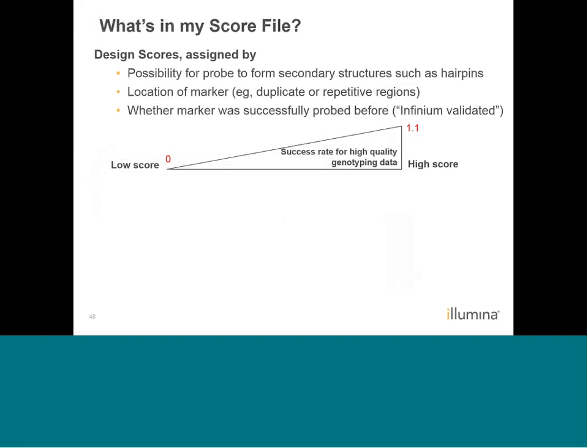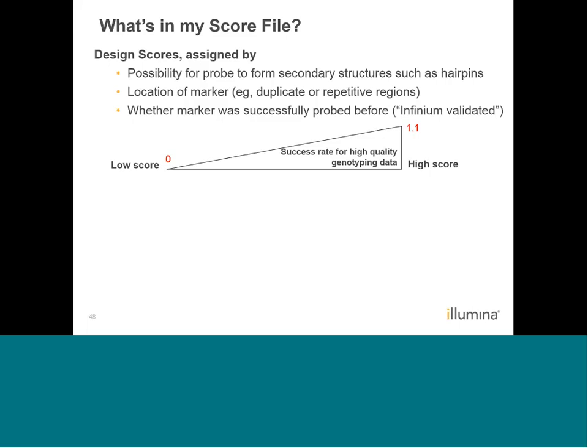So what's in the score file? So first is your design score, and it's the probability that the probe will be successful in your assay. An Infinium validated probe will give you a score of 1.1. And while there isn't a specific cutoff, you can see a cutoff sometimes for scores.